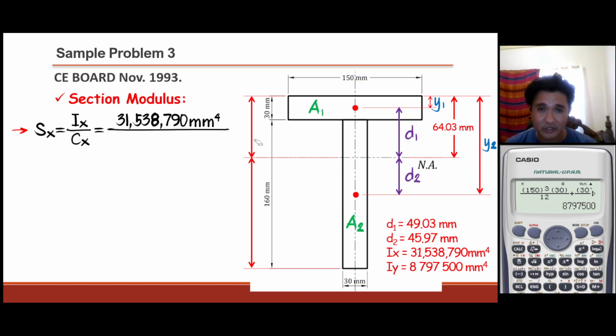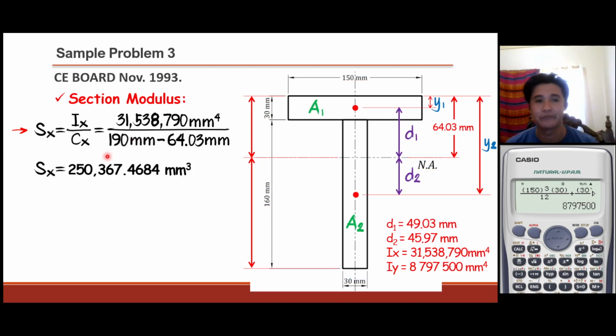Where yung first distance natin ay si y bar natin na 64.03, tapos itong longer distance na ito ay 190 minus 64.03. At syempre, kitang-kita naman sa figure na mas mahaba itong part na ito. So, yung length na ito ay 190. So, 160 plus 30, that is 190, minus yung y bar natin na 64.03.